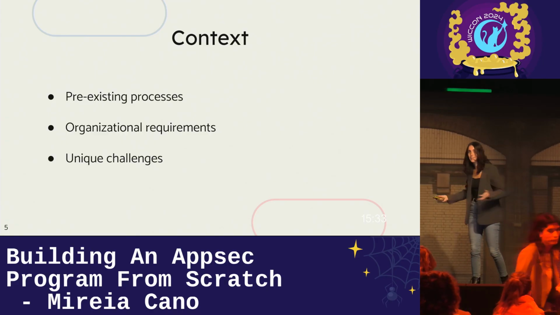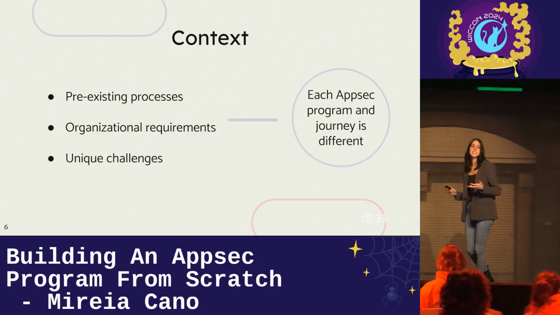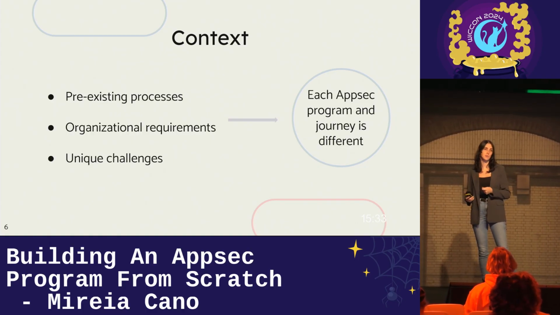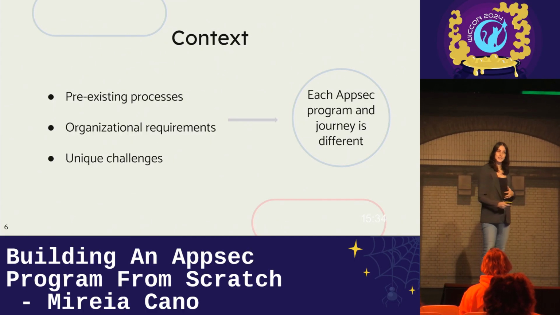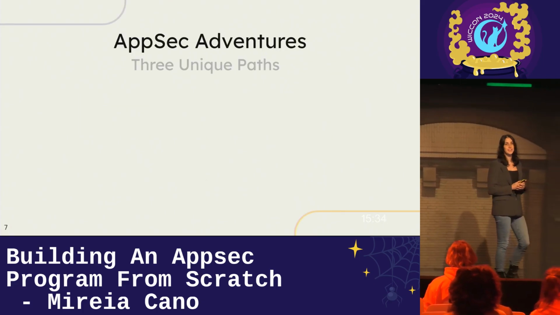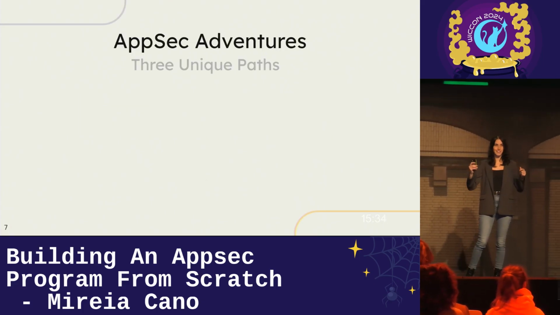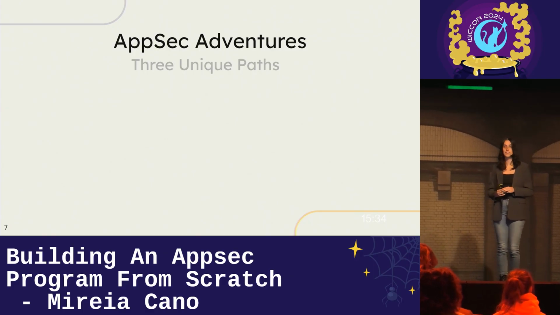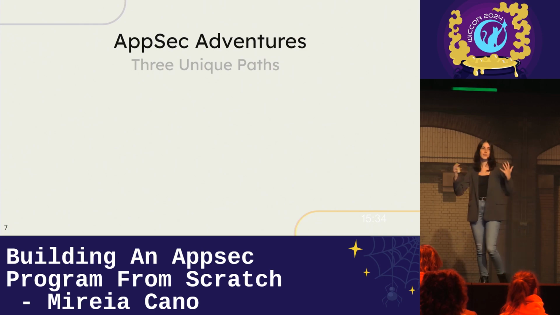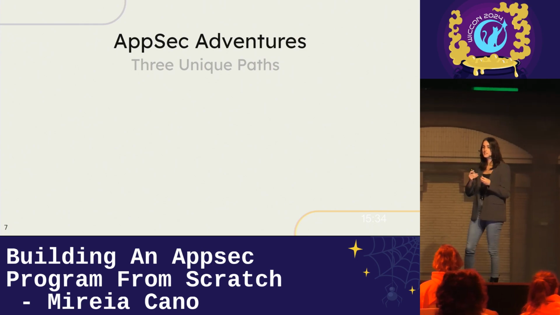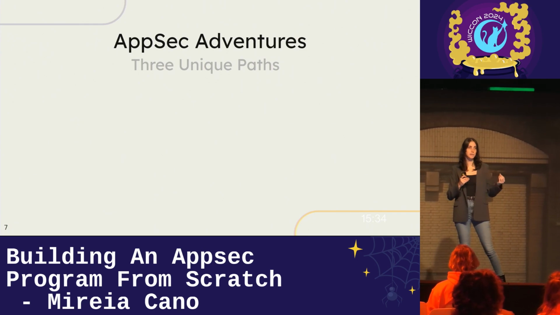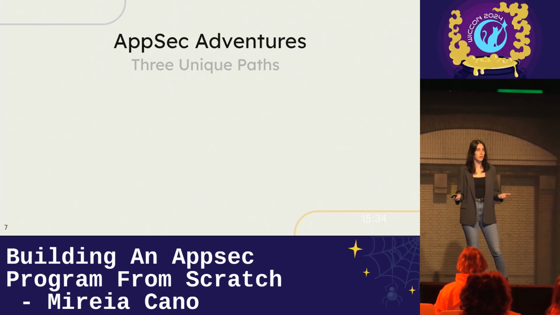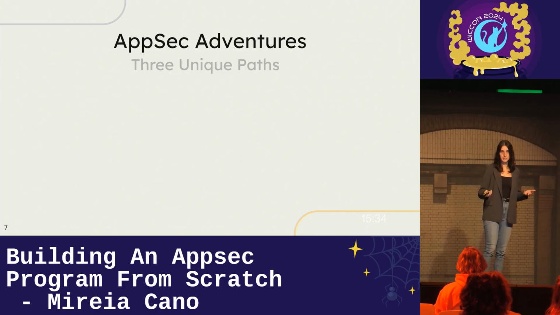What I'm leading at with all this is that each Appsec program, and specifically each journey to building this Appsec program, is completely different. Today I'm going to be telling you about different parts of my Appsec journey, in 3 stories specifically. Each happened in a different company I was in, and each one explains a different aspect of application security that we did not have or were not doing properly, and had to get better at.